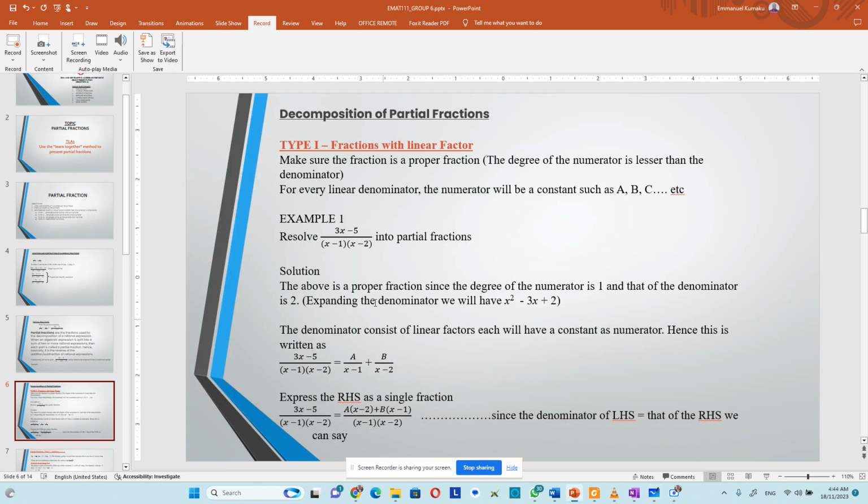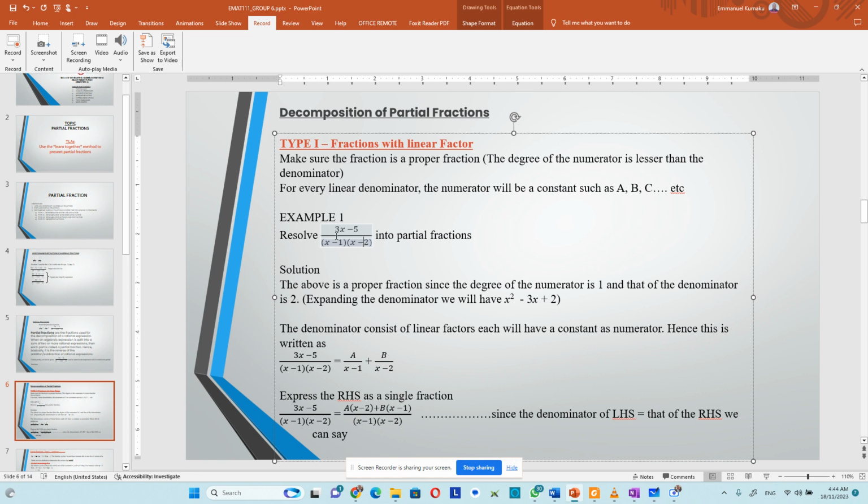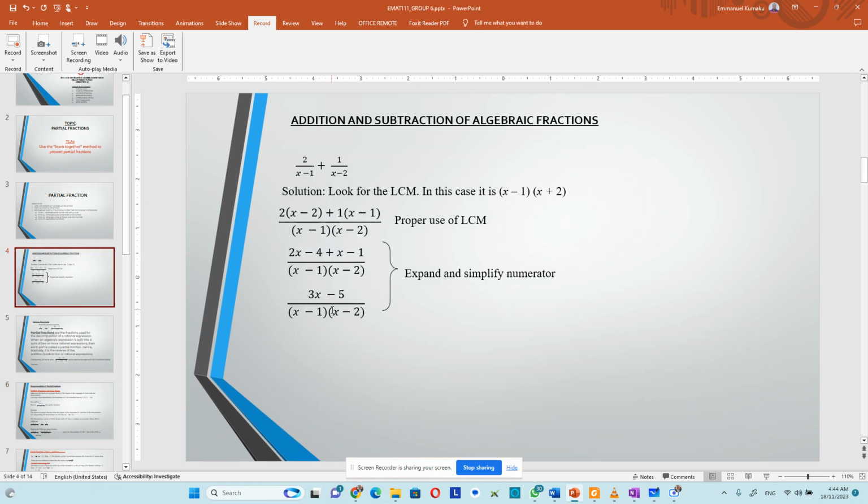Good. So let's look at the first question. We are being asked to resolve this into partial fractions. The question is 3x minus 5 over x minus 1, x minus 2. In fact, this is the previous question that we added. If you come back here, the one we added, we got this.